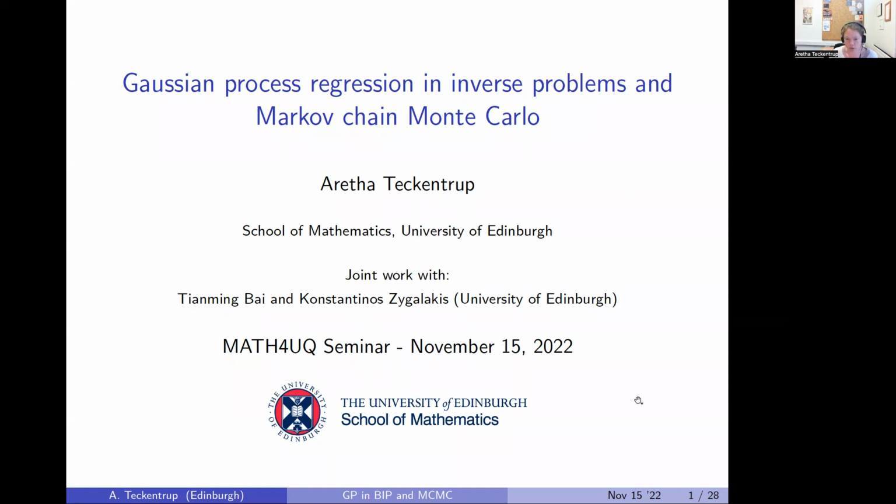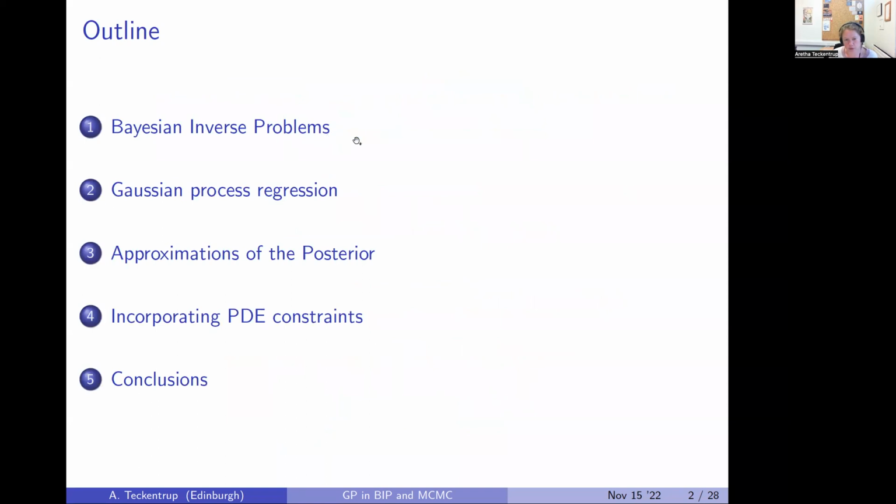Right. So the outline of the talk is the following. I'm going to start by introducing Bayesian inverse problems, so just introducing the type of problems that we're interested in solving. I'm then going to explain how Gaussian process regression comes into the picture and how you can use Gaussian process approximation or Gaussian processes to get approximations of the posterior.